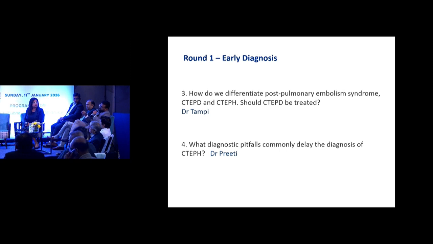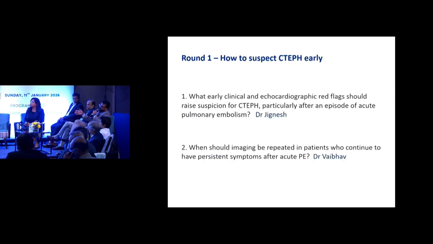If on imaging there is evidence of either a band or slit, or a VQ mismatch, without pulmonary hypertension, then we call it CTEPD. And if the same patient goes on to develop pulmonary hypertension, we call it CTEPH. Why is it important? Because we really have to follow up closely the patient who has post-pulmonary embolism syndrome.